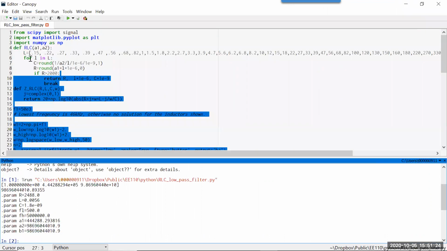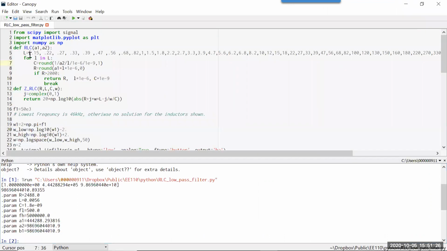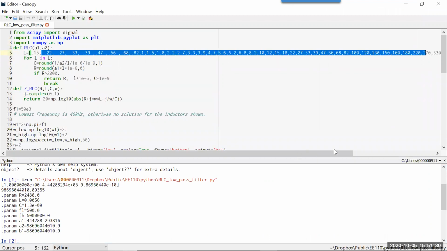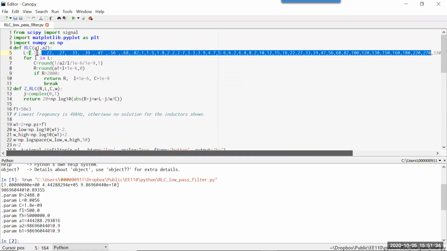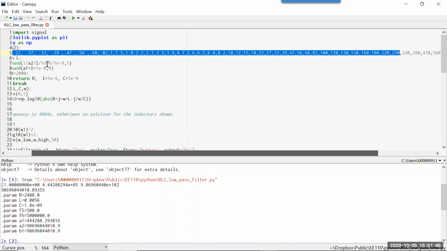What I have here is a list of inductances that you can buy from Anchor Electronics, right? And I believe everything is pre-scaled for microhenries, right?